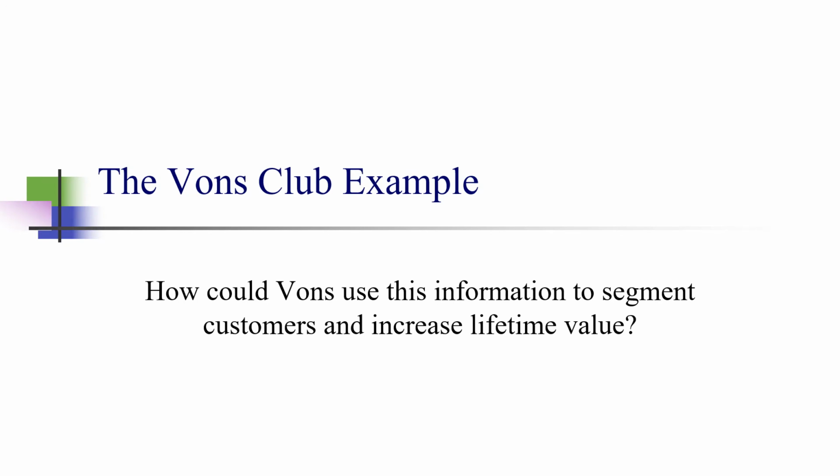Of course, let's look at the Vons Club example again. And of course, think about Vons Club and think about what they know about you given the information they have on your purchase behavior. So Vons knows how much money you have spent at Vons. They know every single item that you have purchased at Vons.